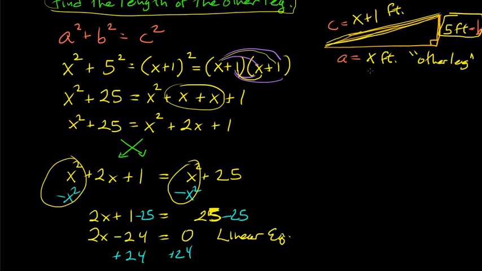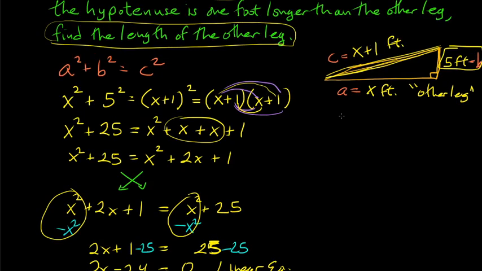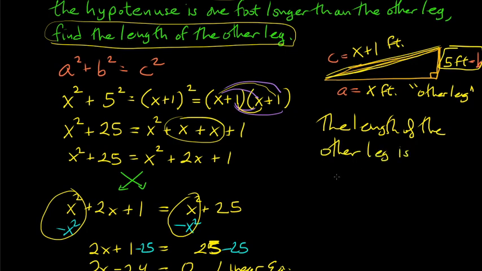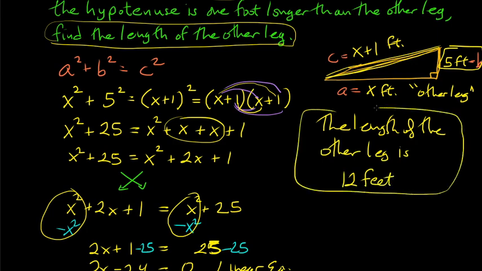That's the length of x. That's the length of the other leg. So the length of the other leg, forgive the sloppiness here, is 12 feet. Don't forget to put the units, 12 feet long. And that's it.